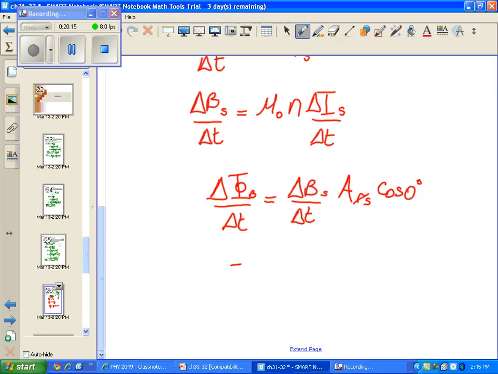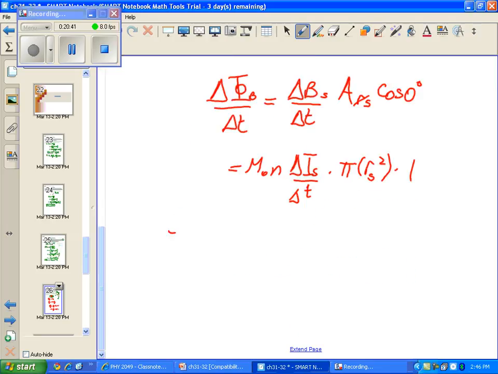So let's go ahead and substitute mu naught n delta I of the solenoid with respect to time times the area of the ring for which the solenoid cuts through, and that's going to be pi times the radius of the solenoid squared times 1, the cosine of 0. Well, we're ready to substitute our values. Mu naught is 4 pi e to the minus 7.